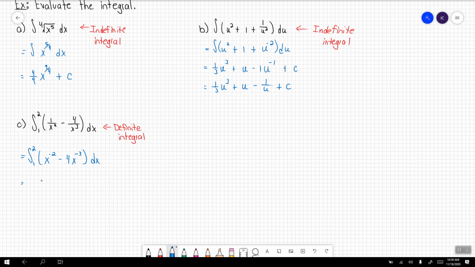Antiderivative for x to the power of negative 2, we add 1 to the exponent, multiply by the reciprocal. Add 1 to the exponent, negative 3 plus 1 gets us negative 2. Multiply by the reciprocal, so negative 4 is going to be multiplied by negative 1/2. Negative 4 times negative 1/2 should give us positive 2. Evaluate this from 1 to 2.